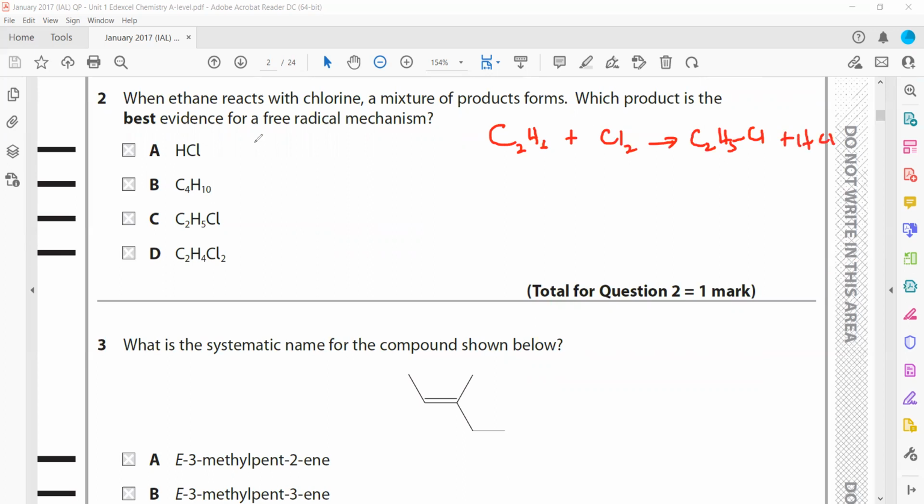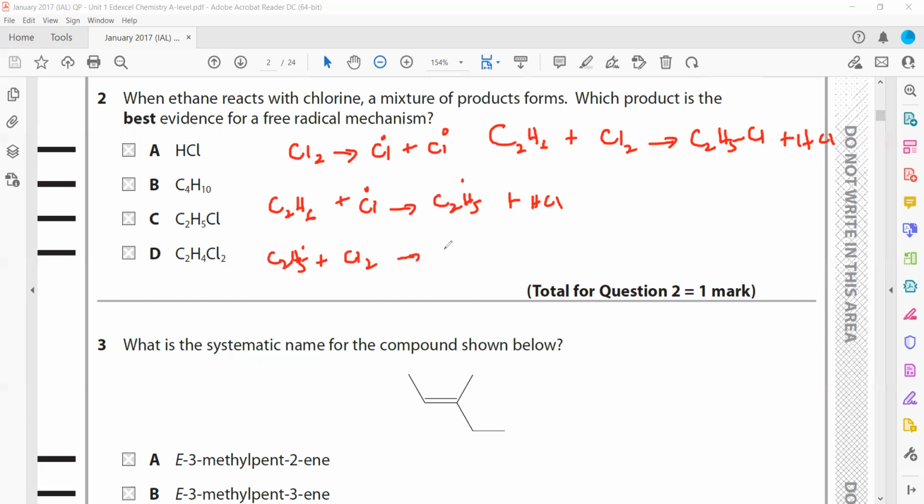But how do we identify that it is a free radical mechanism? Because when a chlorine molecule, due to UV light, dissociates into chlorine free radicals, this chlorine free radical attacks the ethane molecule, and as a result it produces C2H5 free radical plus HCl. This C2H5 free radical plus Cl2 will give C2H5Cl plus a chlorine free radical, which is called propagation.